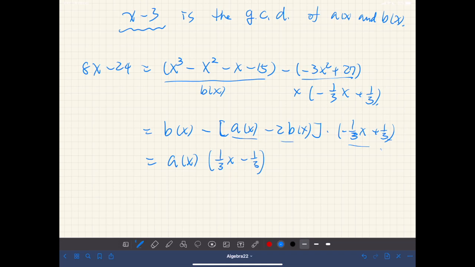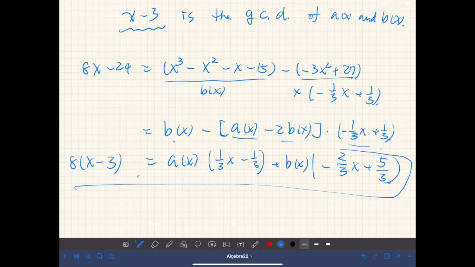And this times this plus this, so that is b of x times negative 2/3 x plus 5 over 3. So that's what we have here in the end.